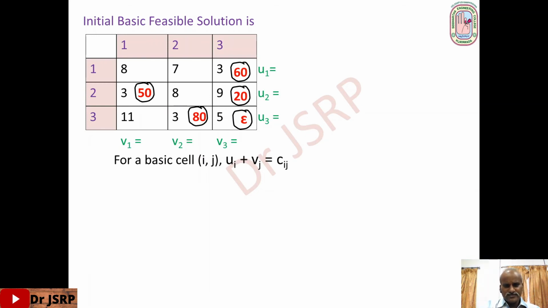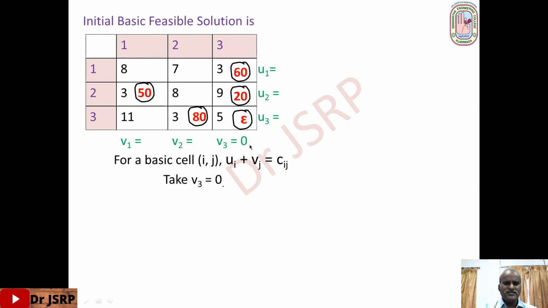So to take that arbitrary constant, observe the table, identify the row or column which contain more basic variables or more basic cells. In first row, we have only one basic cell. In second row, 2 cells. In third row, 2 cells. In third column, 3 basic cells. So in third column, we have more basic cells. So we take V3 equal 0.